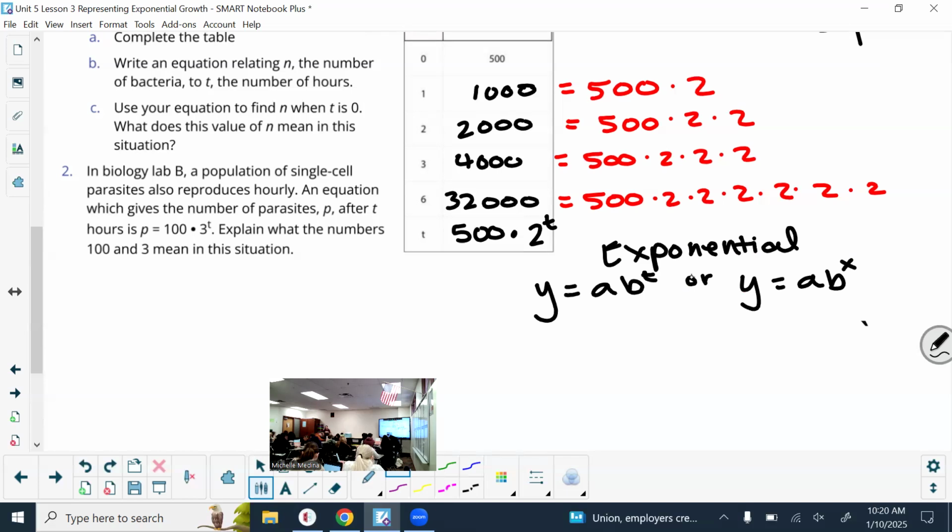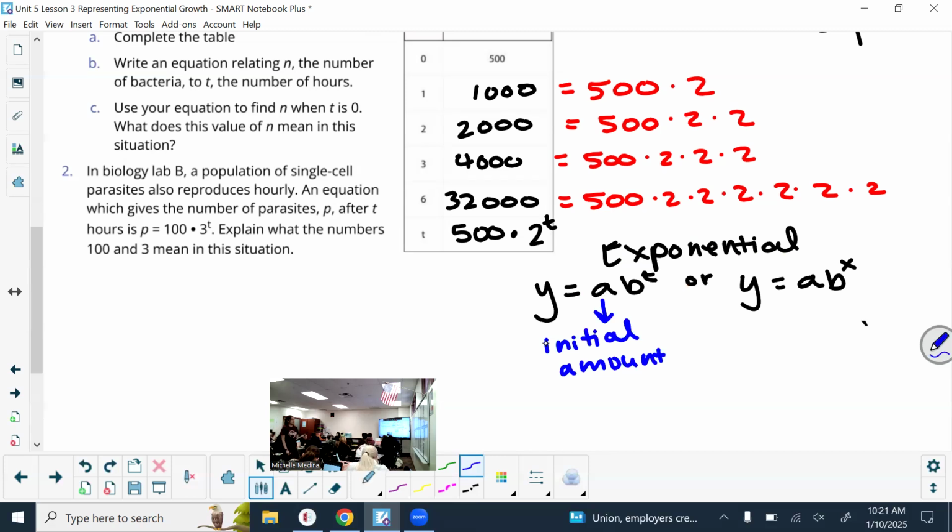y would just be how many you have for whatever the situation is, like your output. A is going to be your initial amount, whatever you're starting with. In this case, we started with 500 bacteria. Write it down. We'll be multiplying it by b.